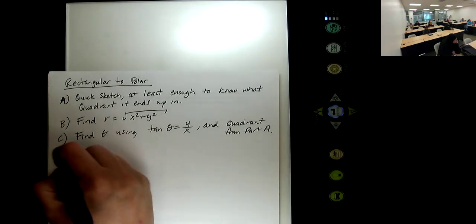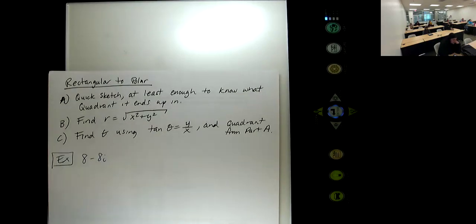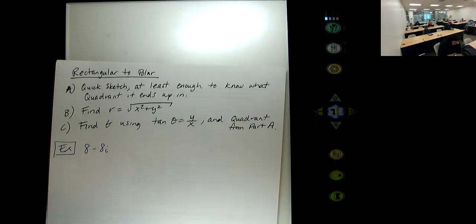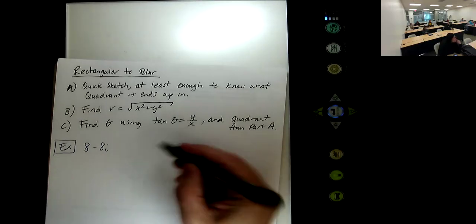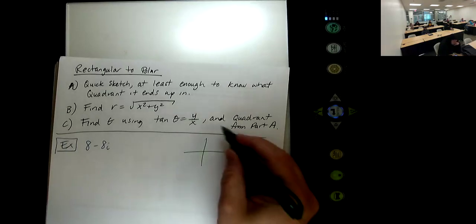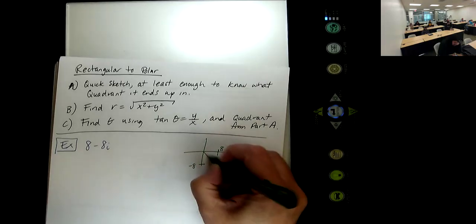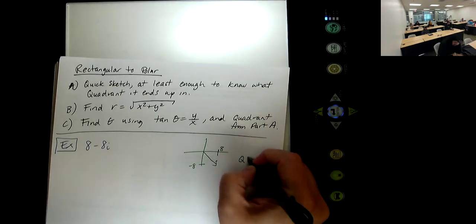So let's do some examples. Let's start with 8 minus 8i. If I do a quick little sketch of this, 8 in the real direction and -8 in the imaginary direction is like that. So we're looking at quadrant 4.